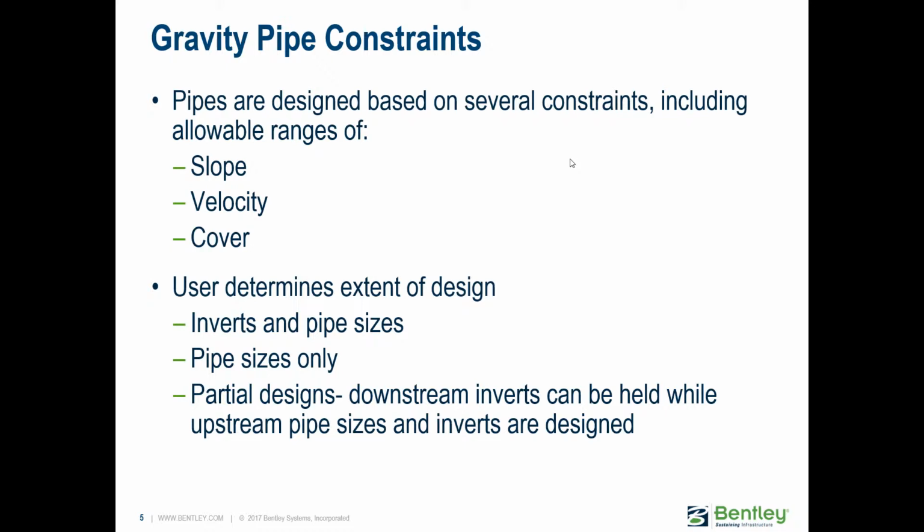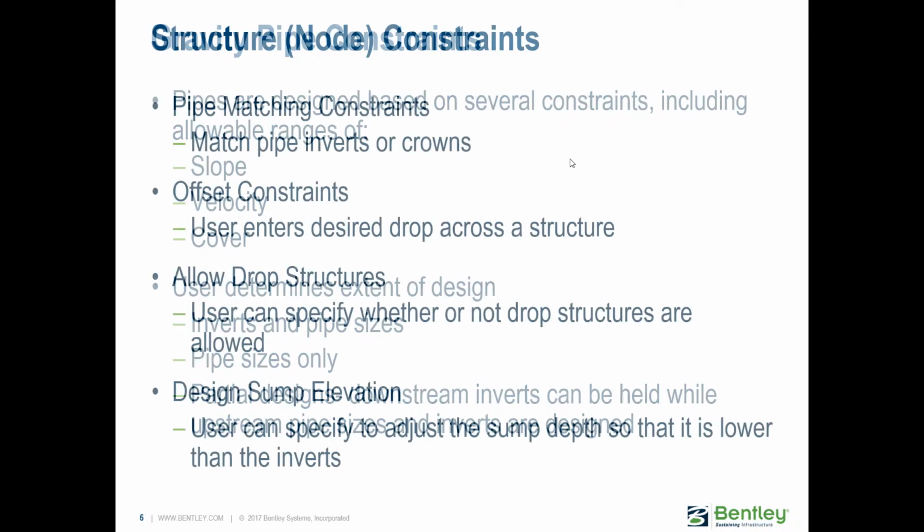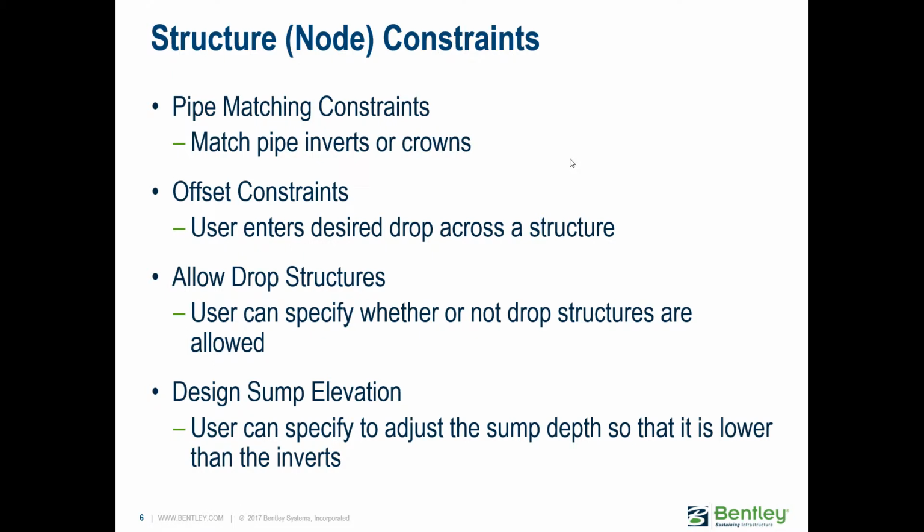And you can say, okay, maybe I cannot move the downstream end of this pipe because I know it connects with an existing system that I cannot modify. So maybe do not change that invert, but change the upstream invert of that particular pipe. So you can be very flexible with what you're asking the software to actually design. Okay, so that's what you input for the pipes.